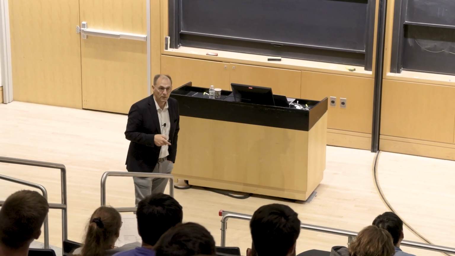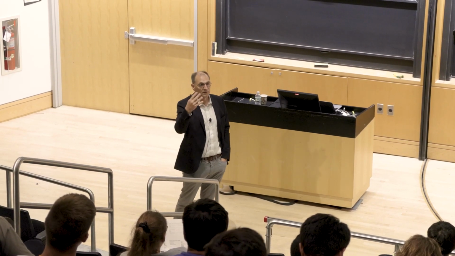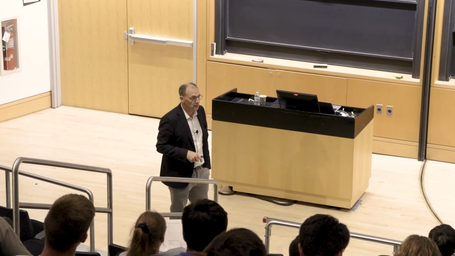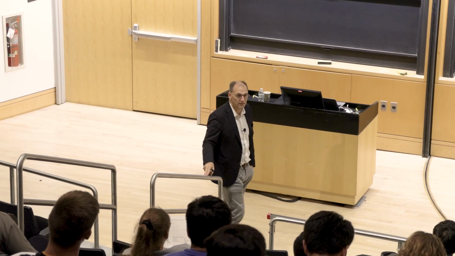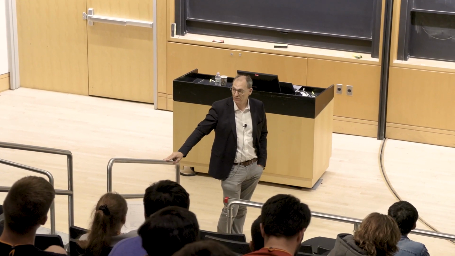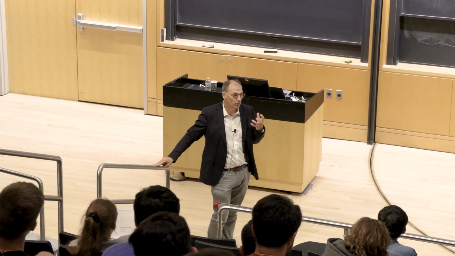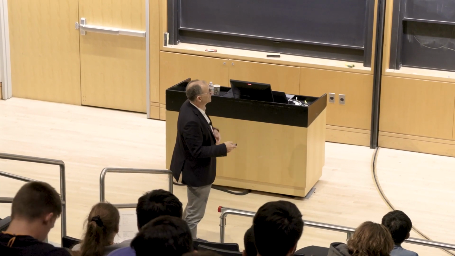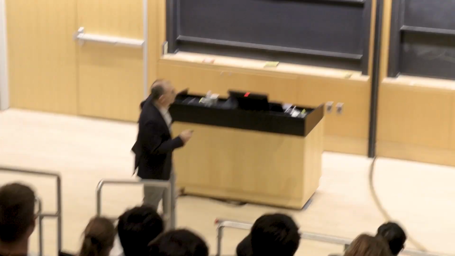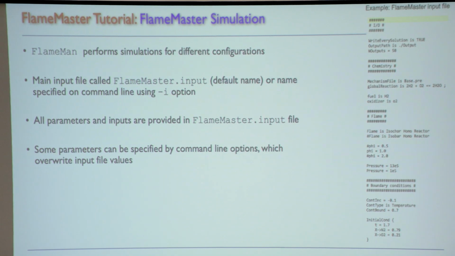If a reaction appears multiple times, it's flagged. If some mechanisms have very large negative activation energies, which makes simulations very stiff and convergence very slow, that's also flagged as just a warning, and so on.